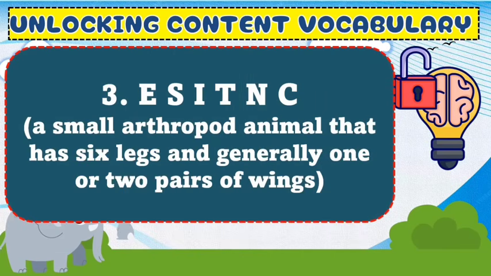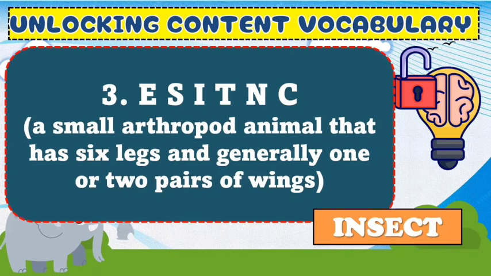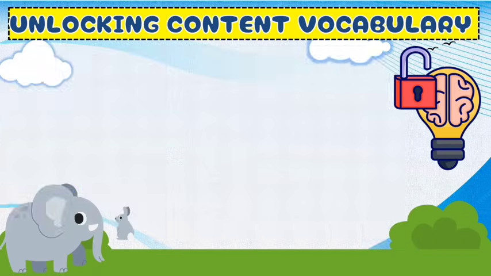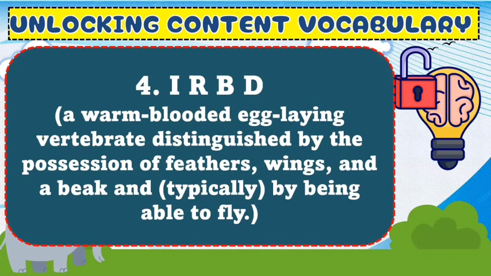Next, number 3. A small arthropod animal that has 6 legs and generally 1 or 2 pairs of wings. What is it? Very good. That is insect. Next, number 4.